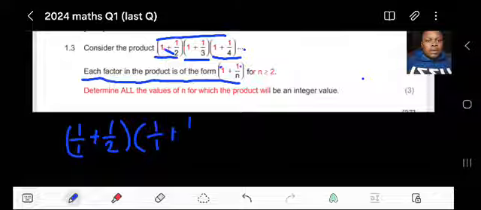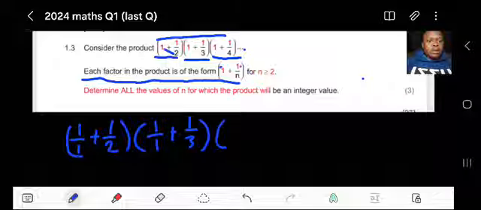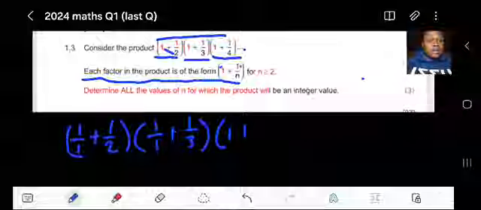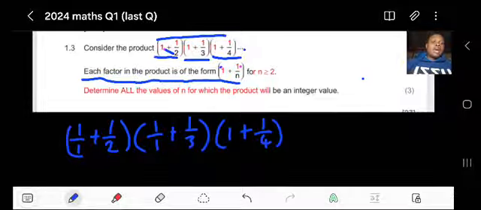Then you can find your LCD. Remember, these are fractions. They did not give us the last product or the last few products.